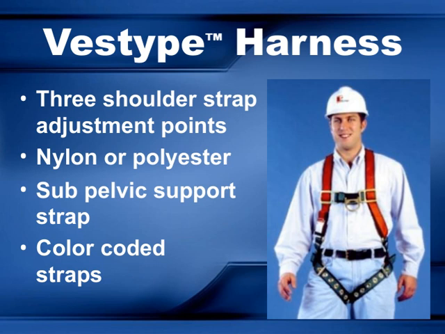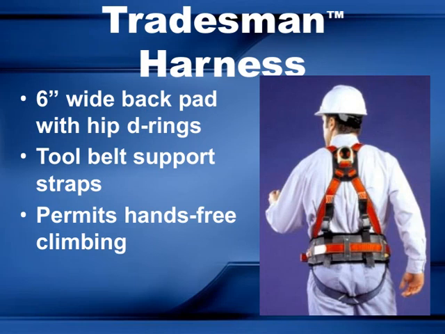All of these elements, adjustment points, durable materials, support straps, and color coding, work together to ensure the harness fits properly, remains comfortable, and provides the necessary support. This ties into the overall theme of safety and proper equipment use, which is essential for effective and safe working conditions.